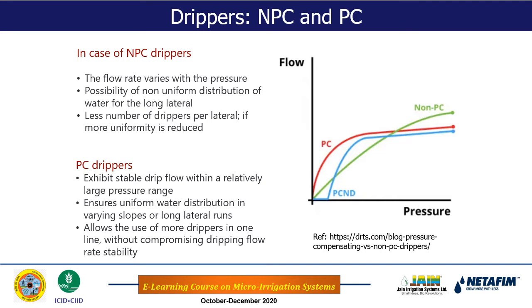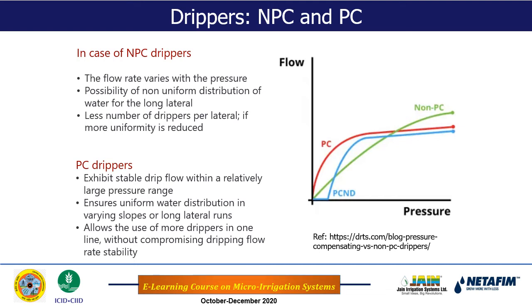In case of general efficiency, if we want to get it by the drip irrigation system, NPC drippers are okay, but the system has to be designed properly. System designed properly means the length of the lateral, diameter of the lateral, then length of the submain, diameter of the submain, and all those things. So those will come into your design.